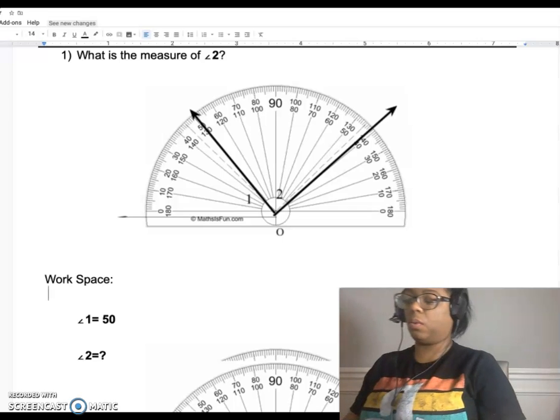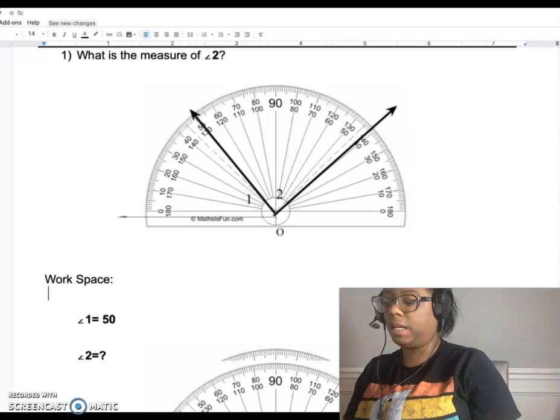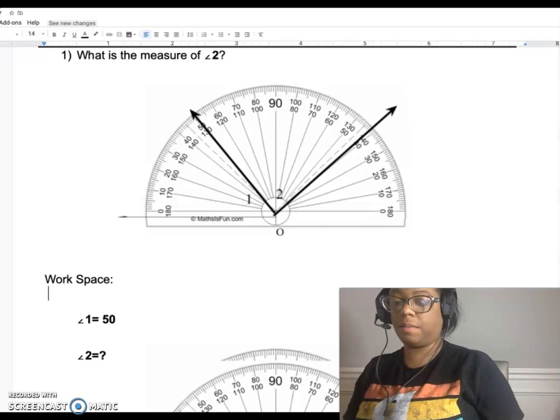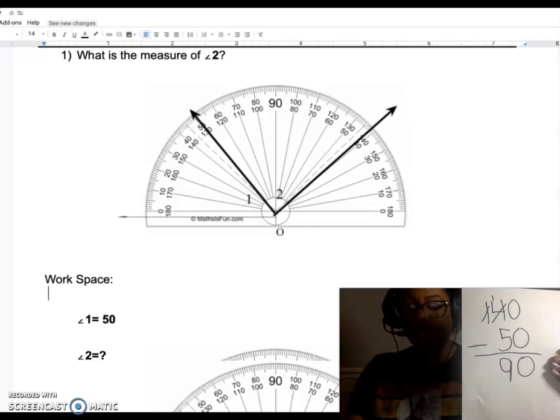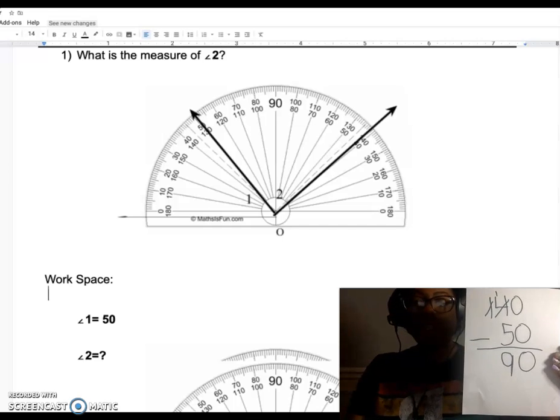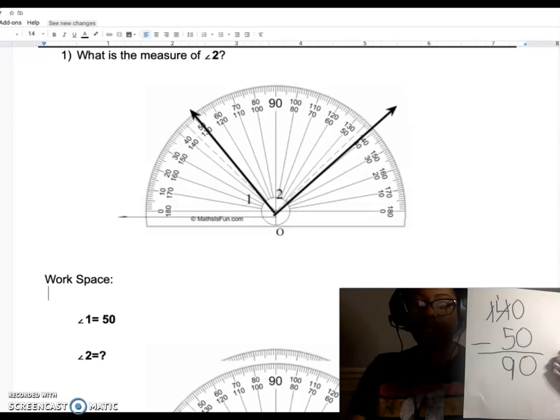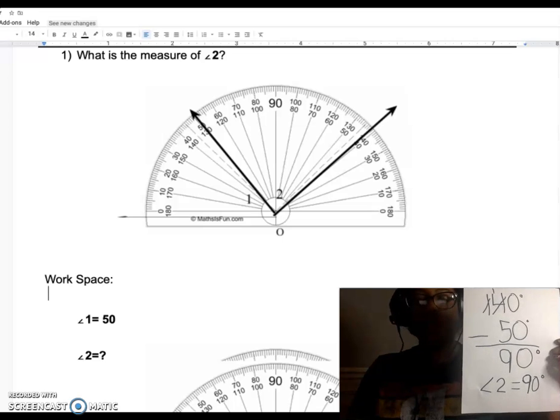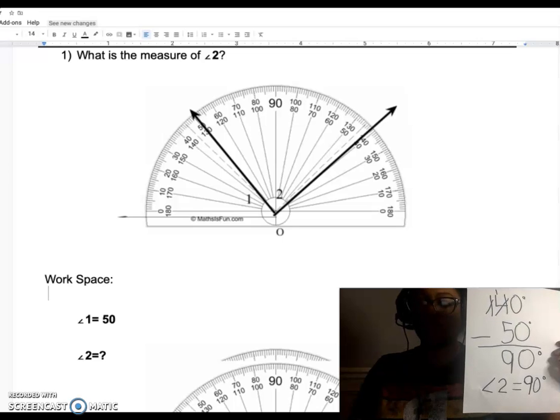Now when we regroup, we have 14, take away 5. When you are done, you should come up with 90. So in the end, 90 degrees. So angle 2 equals 90 degrees.